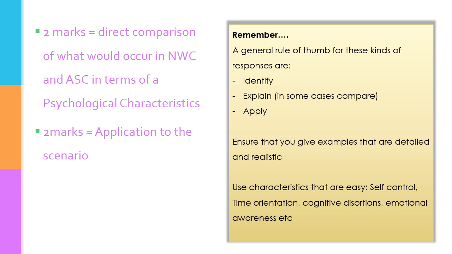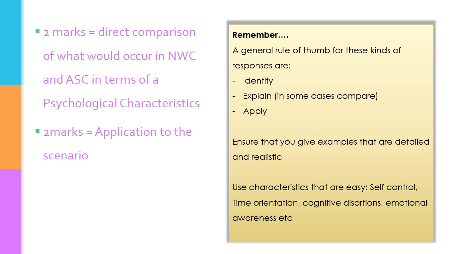So what you might use are things that are easy. So things like time orientation, cognitive distortions, and emotional awareness. Self-control, when you use it, talk about inhibitions rather than walking in a straight line or reaction time, because that's more physiological than psychological.